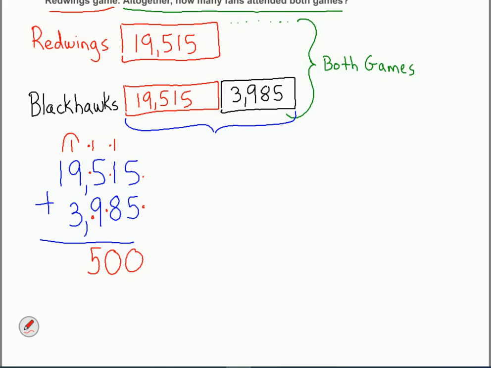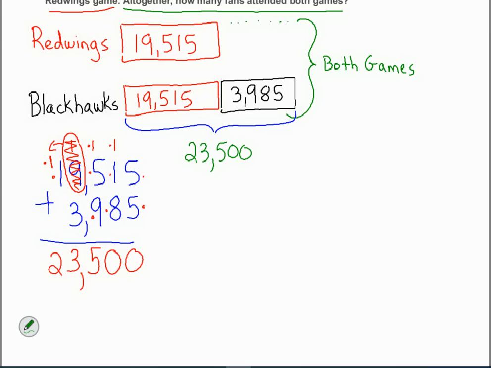And lo and behold, right there is another bundle of 10. And again, that gets shifted over to the ten thousands place. So I'm left with 3, and I have 2 in the 10,000s place. So the answer for the Blackhawks attendance is 23,500.